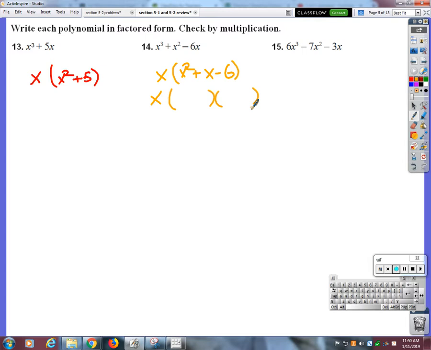And then what does x squared plus x minus 6 factor into? Two numbers that multiply together to be negative 6 and add to be 1. Positive 3 and negative 2. If the middle term is positive, Brennan, then the bigger number needs to be positive also.